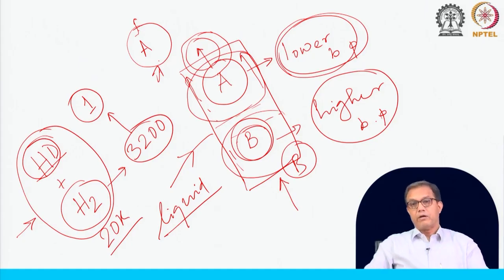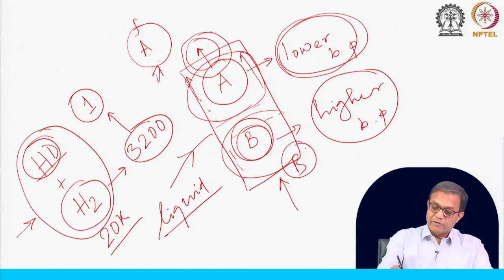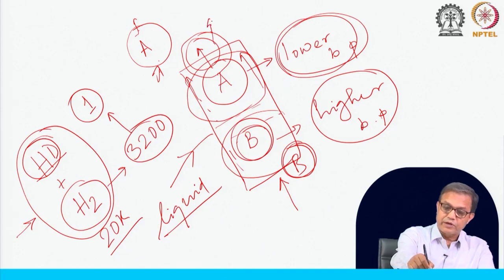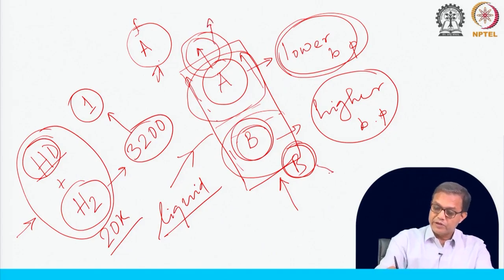Depending on their relative boiling point, or what we call relative volatility, it would be easier or more difficult to separate. Similarly, as we have separated this component A, we are separating this component B, and again we will put some heat in it.